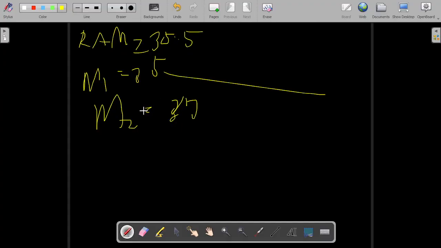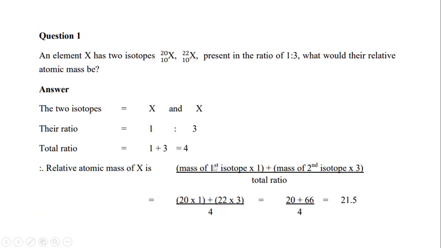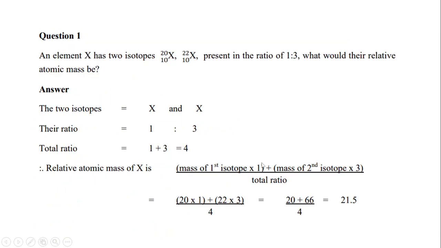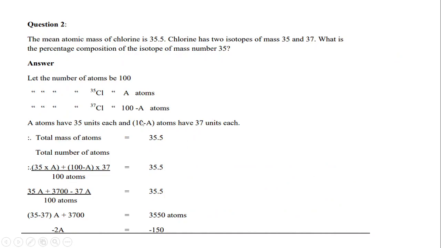Then we can make use of the formula by saying the mass of the first isotope, which is 35, times its percentage composition A, plus the mass of the second isotope, which is 37, times 100 minus A, all over the total percentage composition, which is 100.